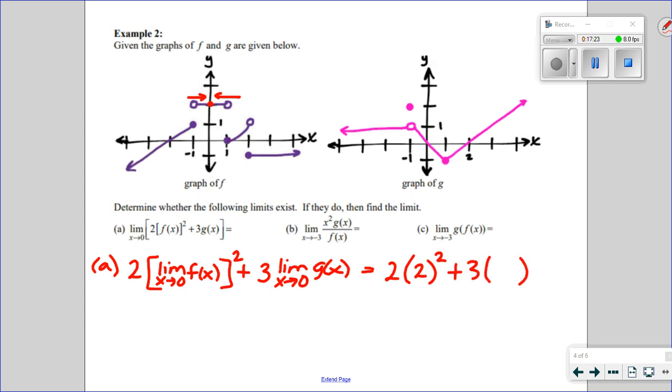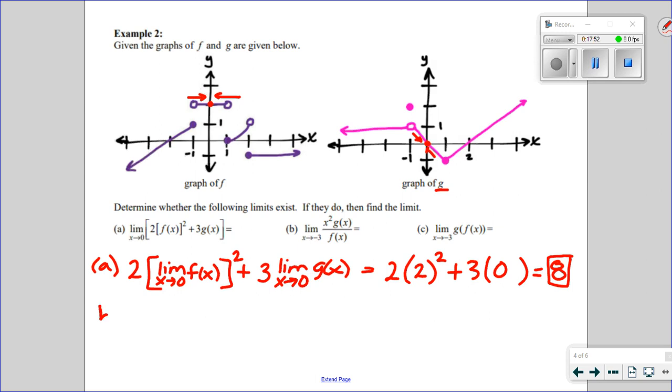And now I've got to evaluate the limit as x approaches 0 of g of x. So I'm going to go to my graph of g, and I can see that as x approaches 0 from the left and from the right, y is approaching 0. All right, order of operations, 2 squared is 4, 4 times 2 is 8, plus 0, which is 8.